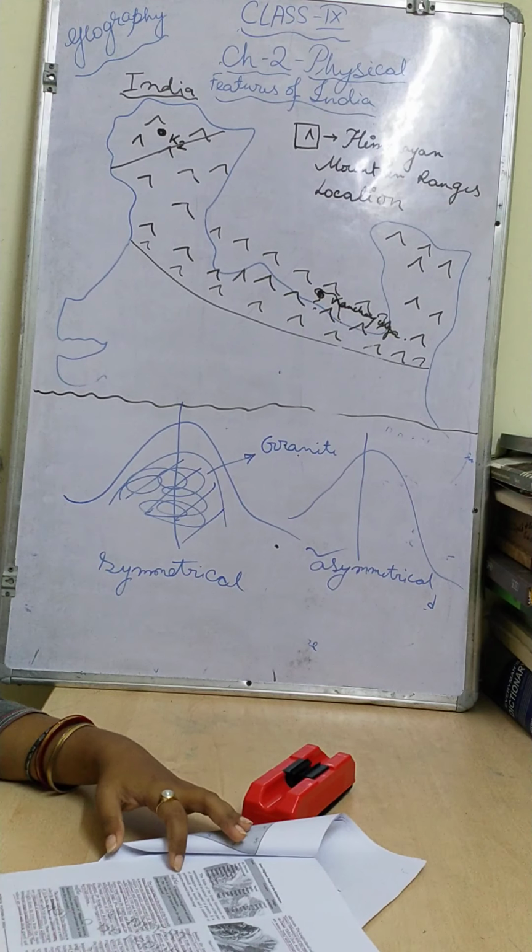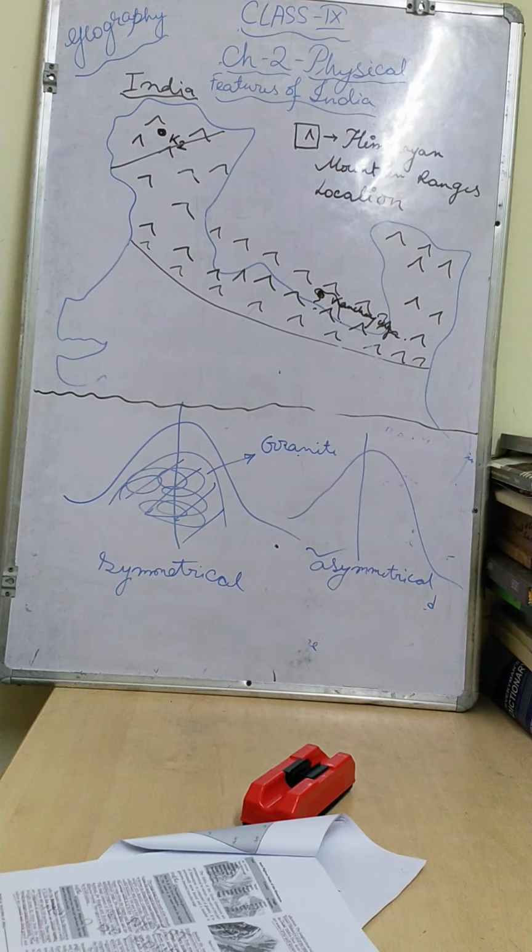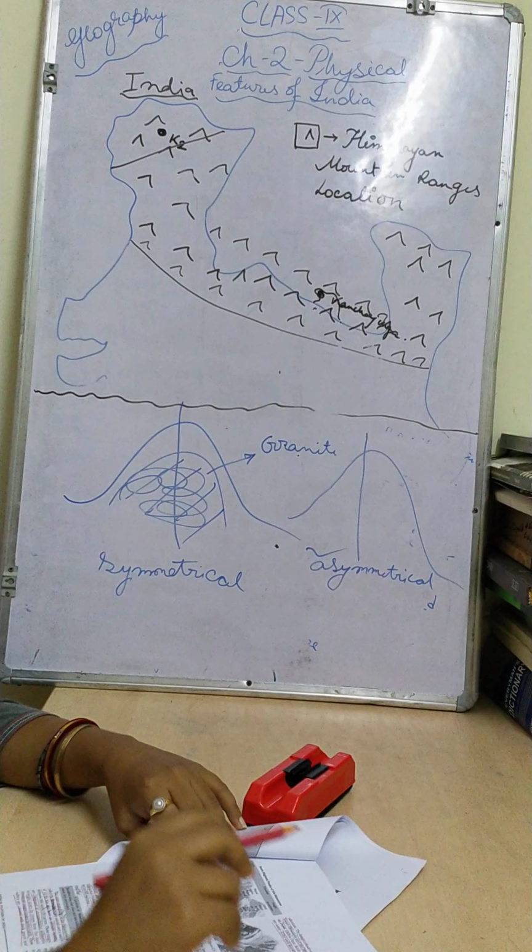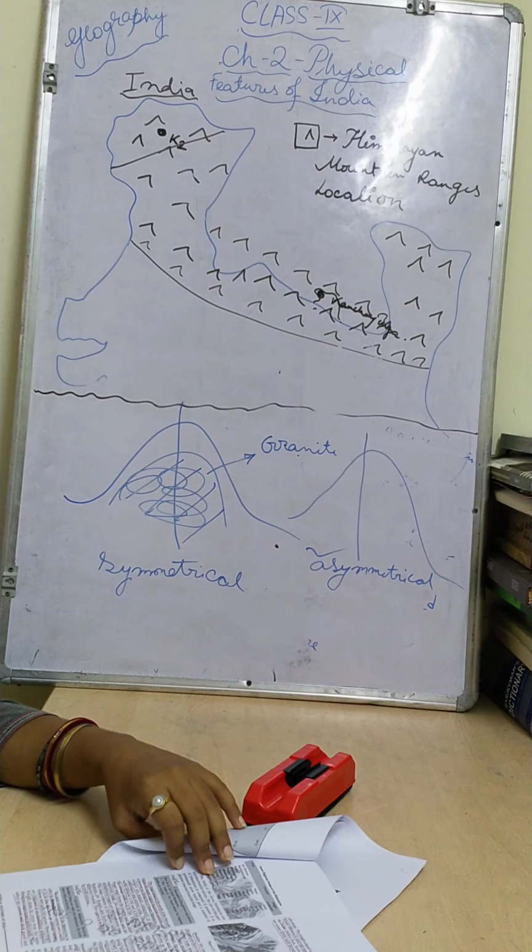It is perennially snowbound. Perennially means it has snow all over the year. The snow never melts because all the peaks are very high and the temperature is mostly far below 0 degrees. That's why the whole year it is covered by snow. Okay, and a number of glaciers descend there. One of the most important glaciers, children, is Siachen.